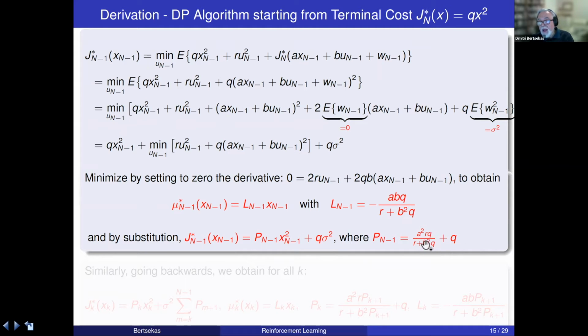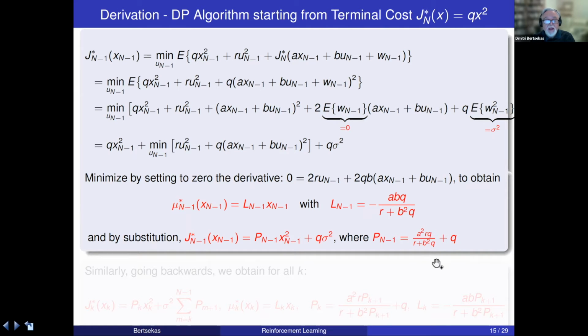It involves a and b from the system equation, r and q from the cost function, and that's the expression that comes out from this calculation. So all of this has carried us through the very first step of dynamic programming, and we can go backwards now in the same way.